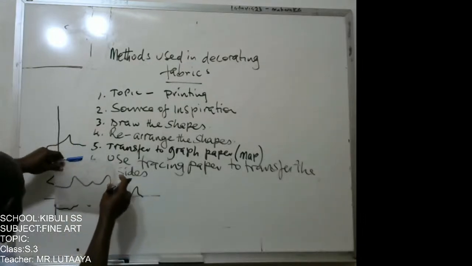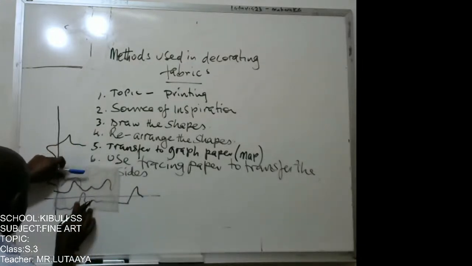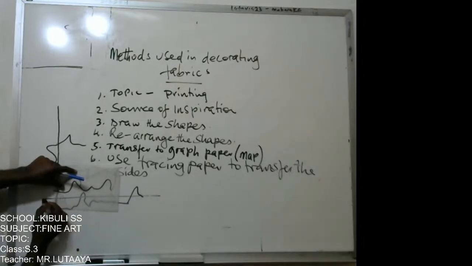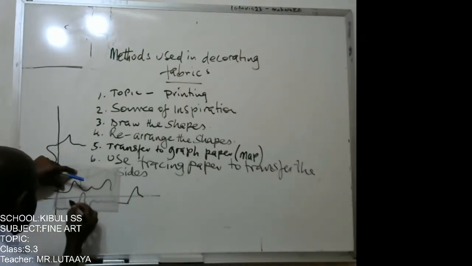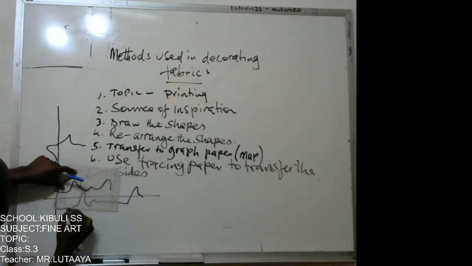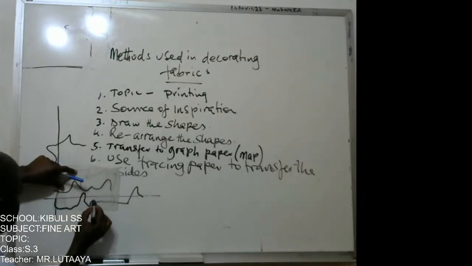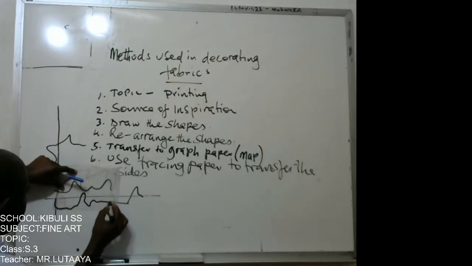So what you do, again, put your tracing paper there. When tracing, only stop on this line. We are interested in the way this line is flowing. So, for example, just draw it like this. Then like that.